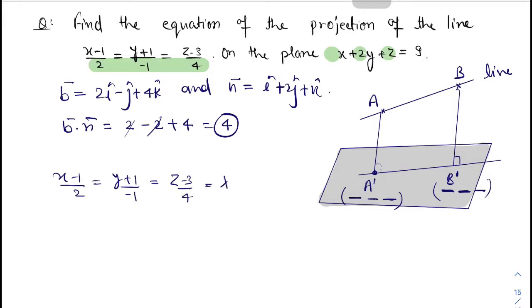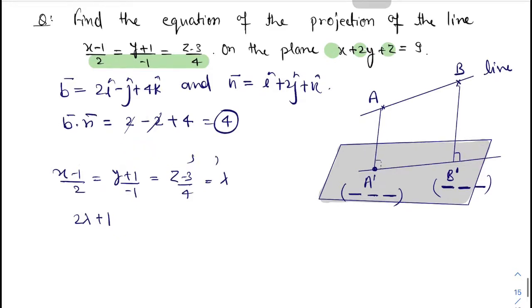Let this be equal to lambda. So any point on this line can be written by comparing x with lambda, then y, then z. We get x as 2 lambda plus 1, y as minus lambda minus 1, and z as 4 lambda plus 3. So this is any point on the given line.